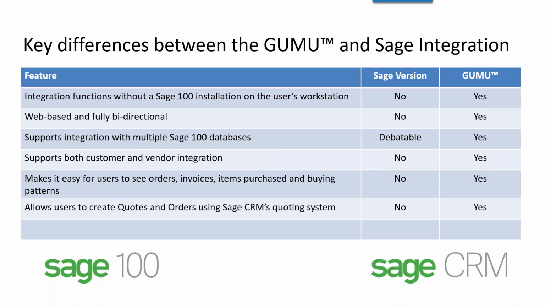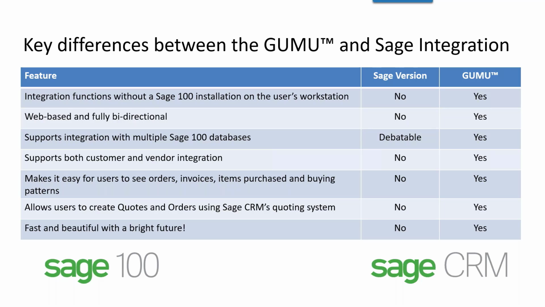The money shot for the GUMU, if you want to think of it that way, is the ability to allow CRM users to create quotes and orders that, on approval, can flow into the Sage 100 sales order module. If a Sage 100 company didn't use the sales order module, you have the option of passing information directly into the AR module, but 9 times out of 10, people are using inventory and the sales order module with Sage 100, so that's what we do.